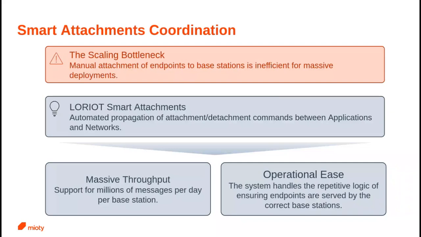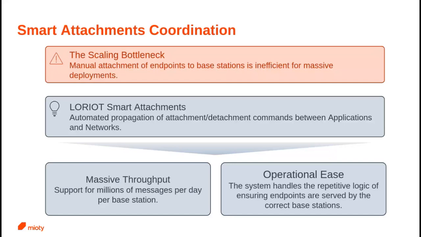You can, of course, enable some filtering depending on your packet forwarder and so on. But this is a default behavior, basically. And mioty, on the other hand, requires the endpoints to be attached to any given base station for it to enable the traffic with the service center.